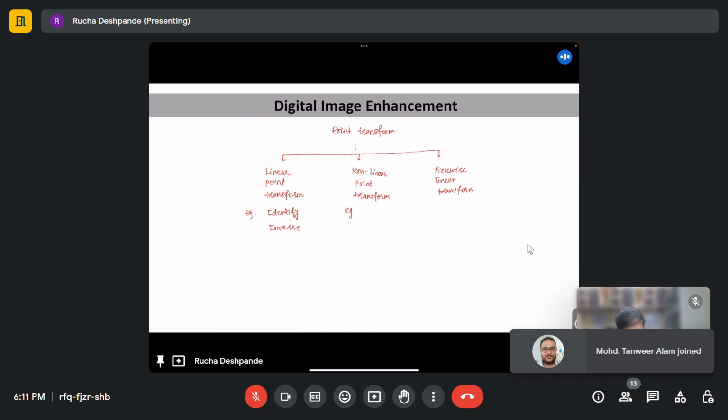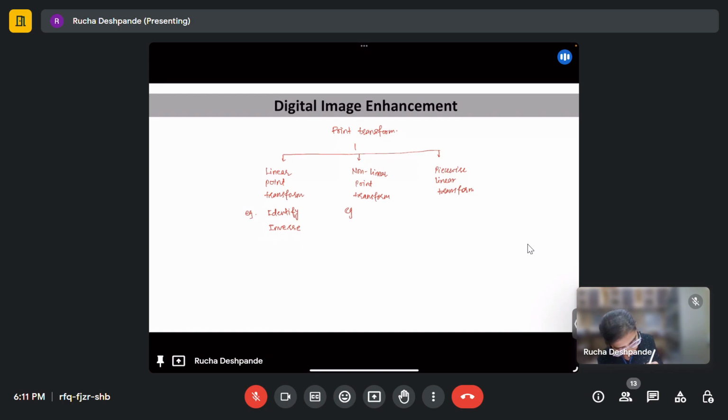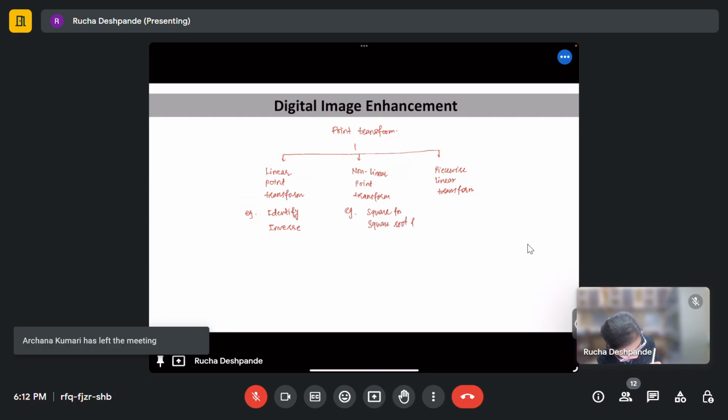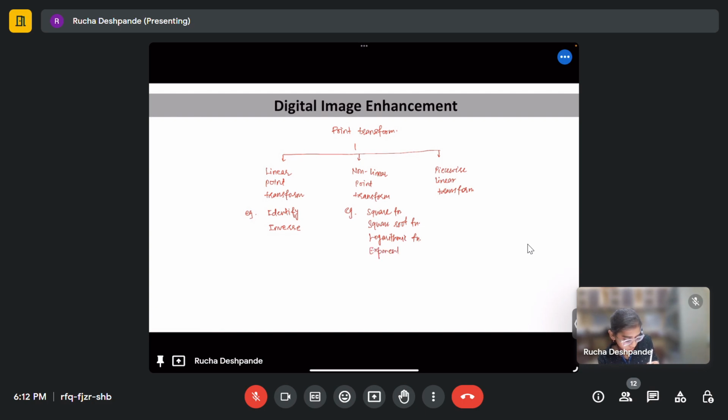and for non-linear point transform we can have the square function, square root function, or logarithmic function, or exponential function, power function, and so on.